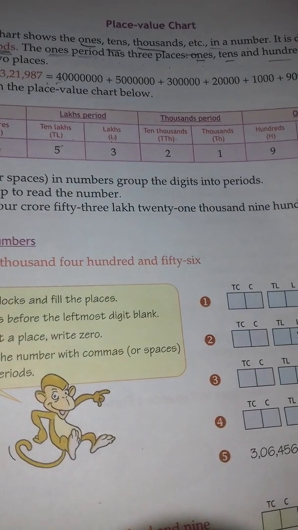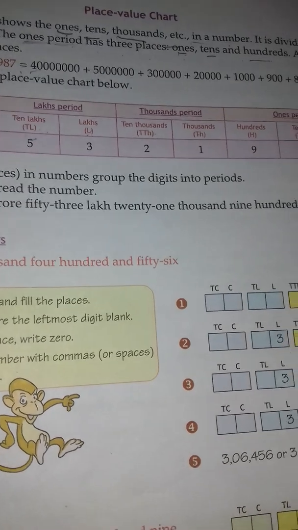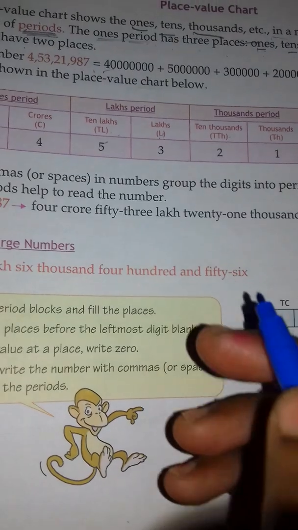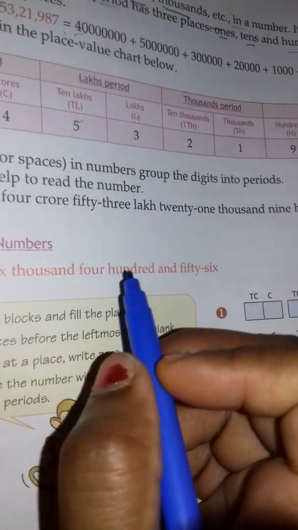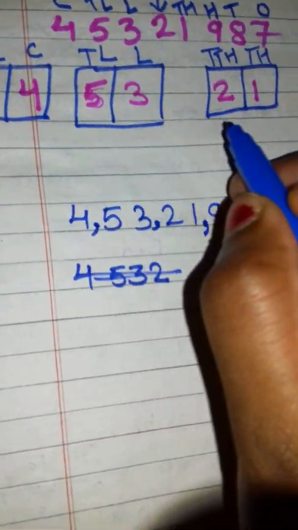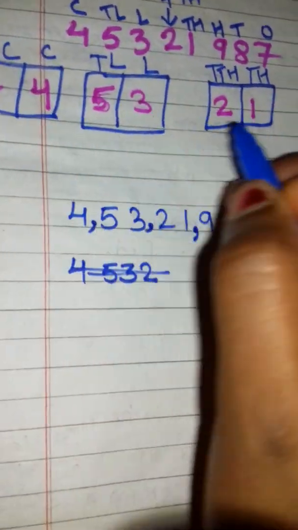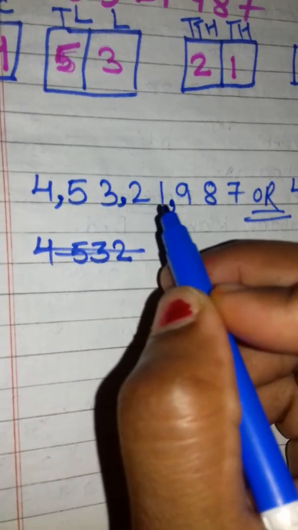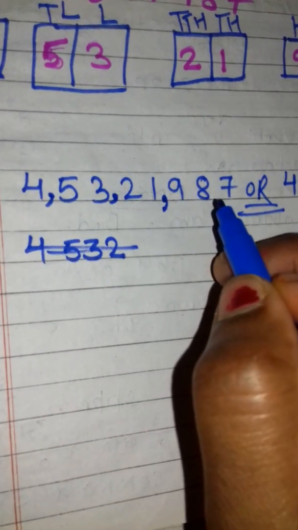So students, this was your place value chart, and I have explained how to write a large number in it, and how this place value chart helps us to read large numbers. For example, we can read this large number very easily, like 4 at crore. So we will read it as 4 crore 53 lakh 21,987.